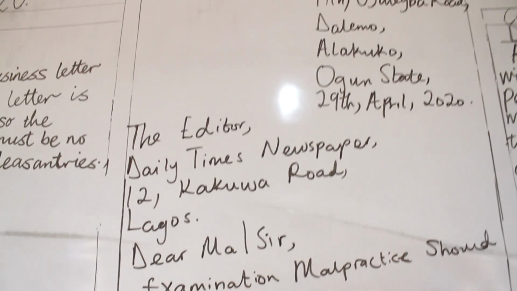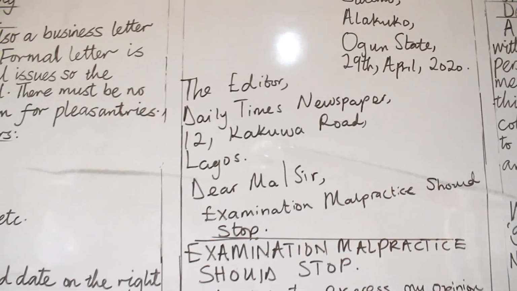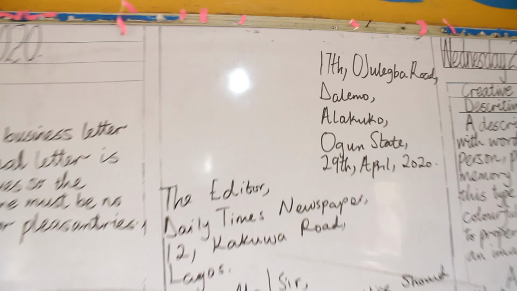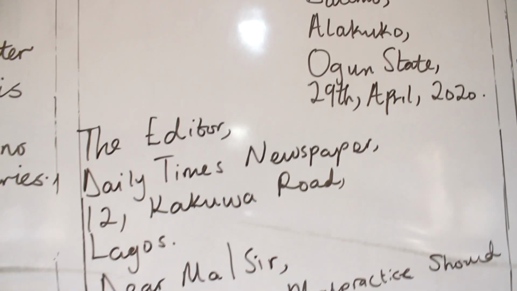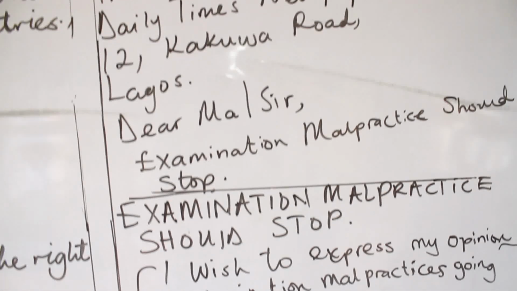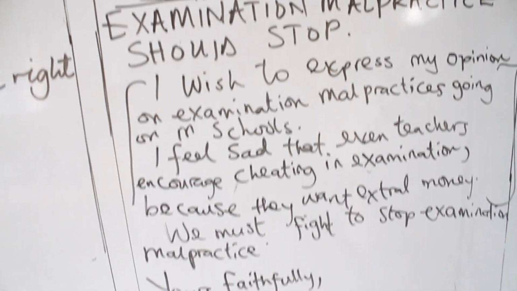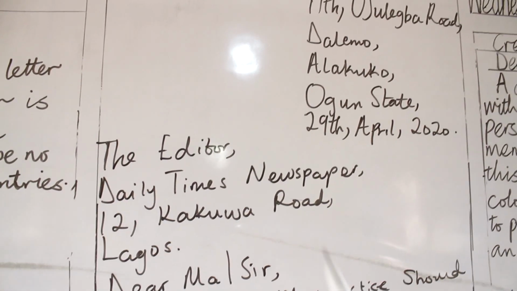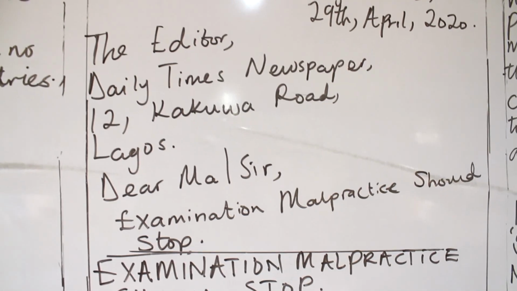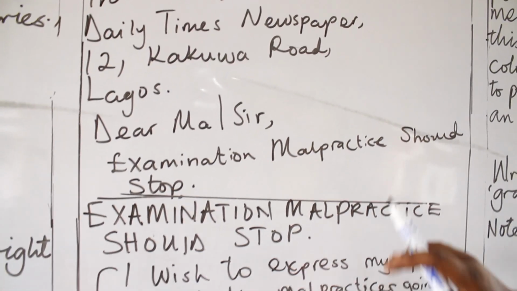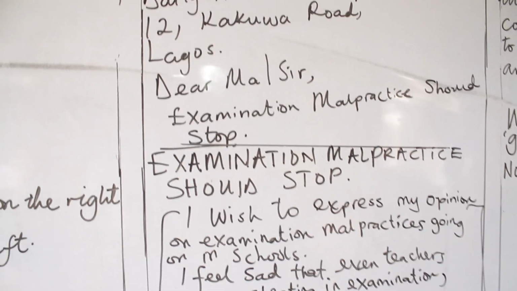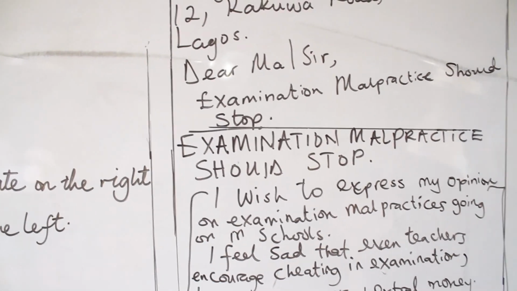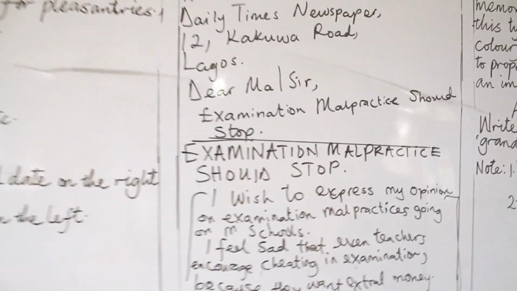This is a very good example of how to write a formal letter: your address, the receiver's address, your salutation, your heading, either of the two, the body, and your subscription.